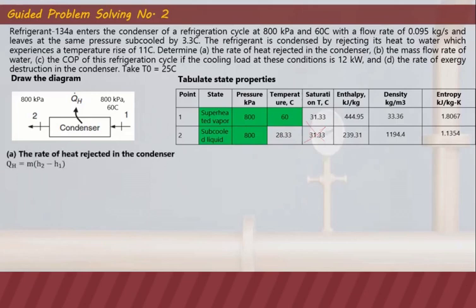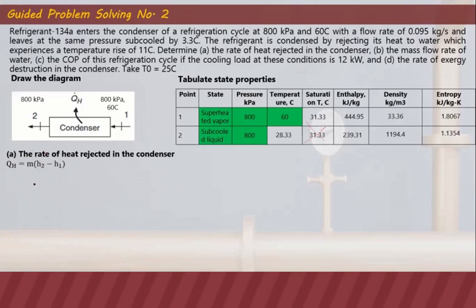So for the first unknown, we have to calculate the rate of heat rejected in the condenser, and by using energy balance, we can get the heat rejected as mass flow rate times (h2 minus h1). So we can get the rate, so the power, because we're given the flow rate as well.